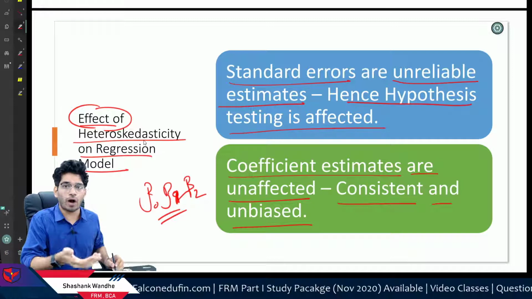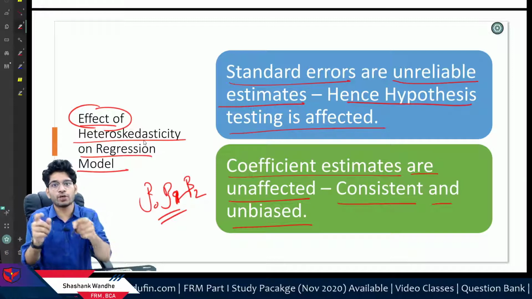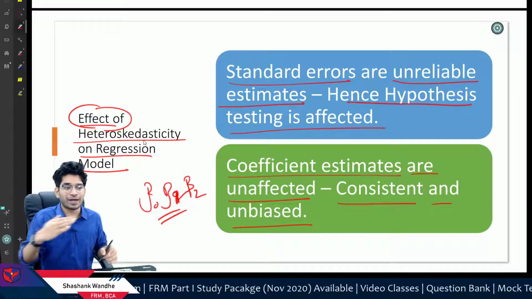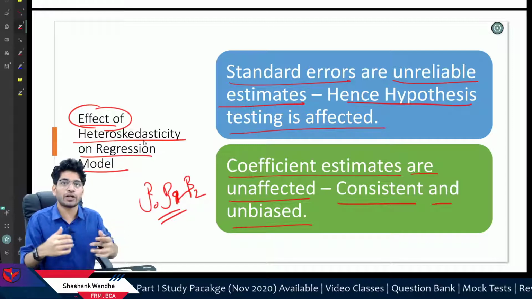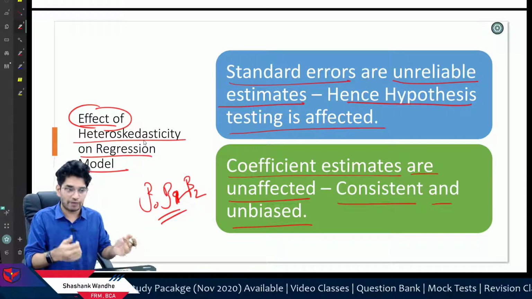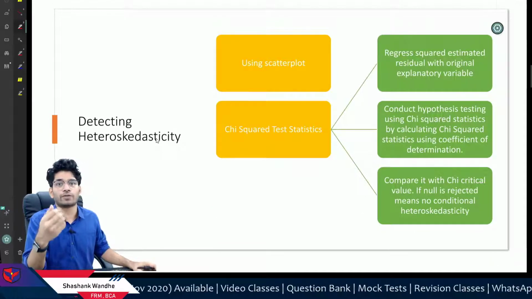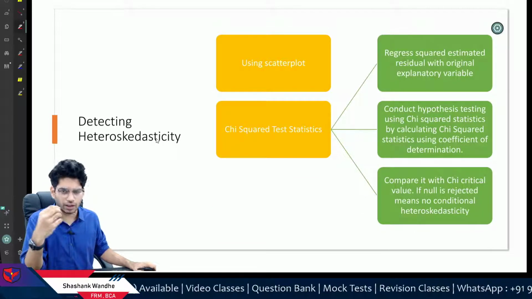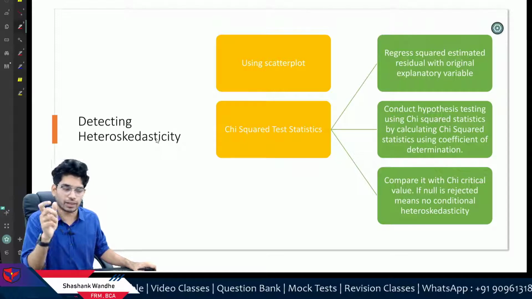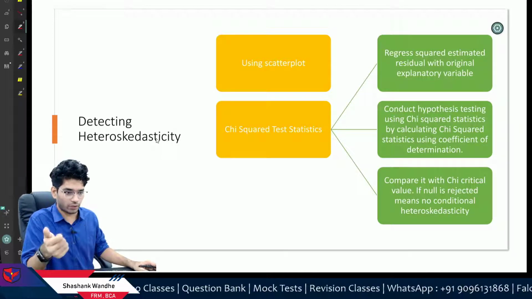It creates a problem in hypothesis testing because you cannot use the standard errors which are conditional, which are changing according to your independent variables' level. So for this purpose, you have to correct it. You have to just correct or recalculate the standard errors using certain methodology, as I have already told you.